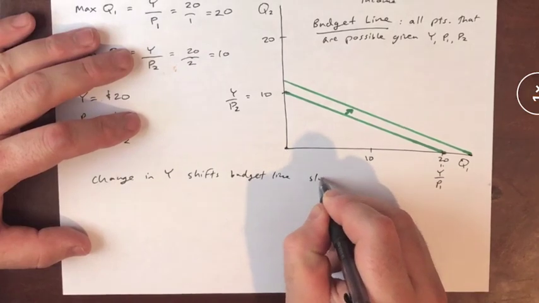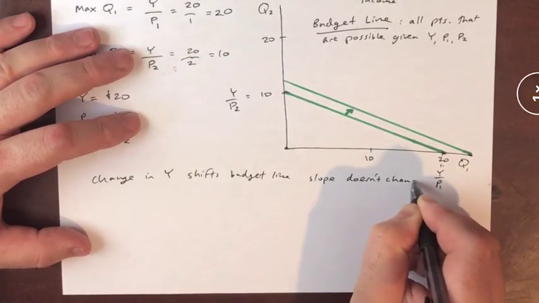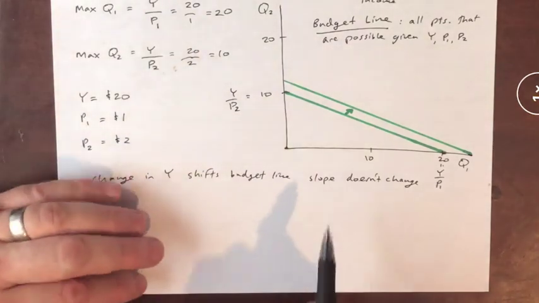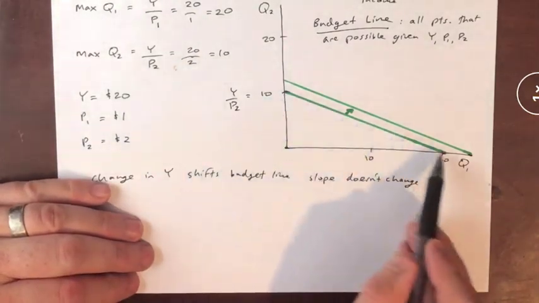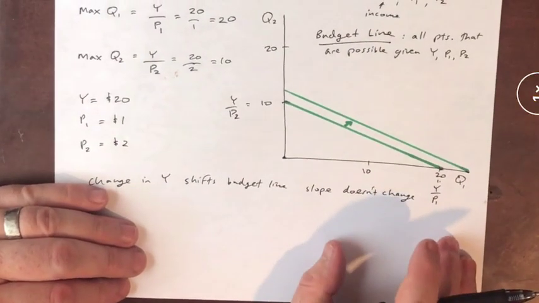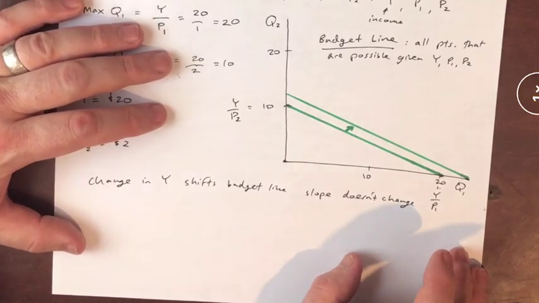The slope doesn't change. Okay, the slope of the budget line doesn't change, right? Because if you have a little bit or a lot more income, that doesn't really affect the relationship between these goods. Okay, the relationship between these goods doesn't change. Their relative prices one to the other doesn't change.